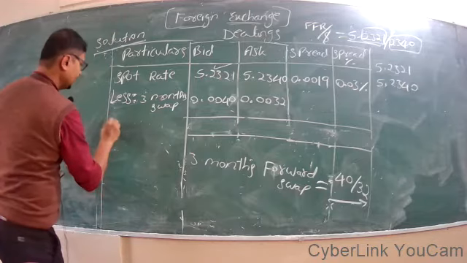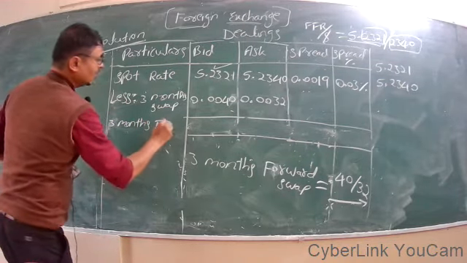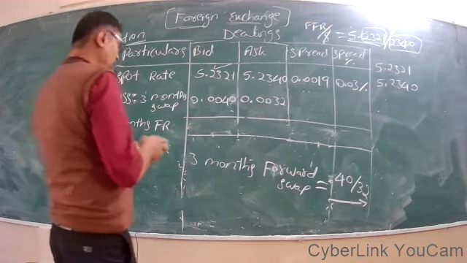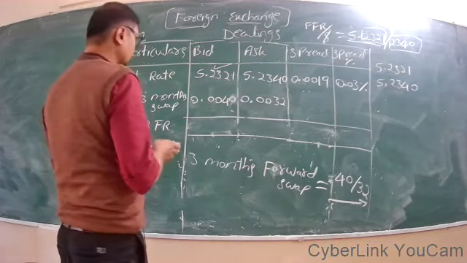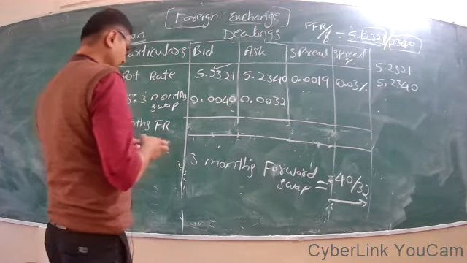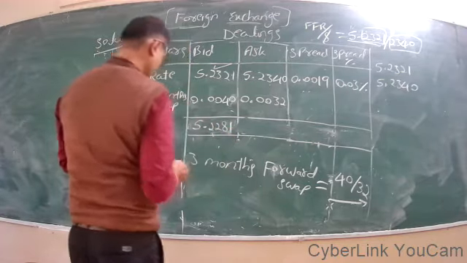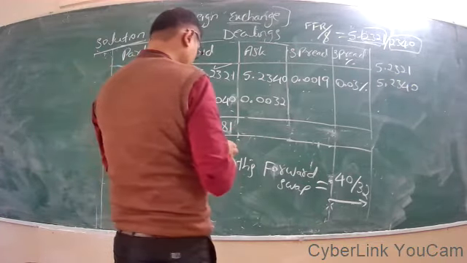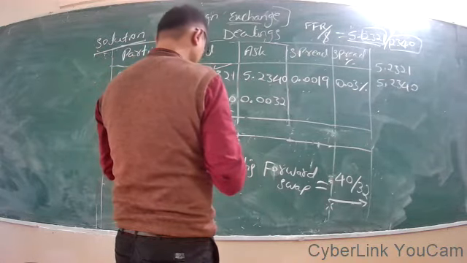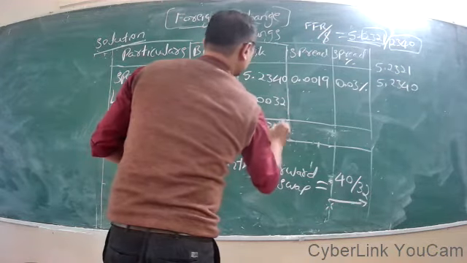The answer will be the 3 months outright rate or forward rate, right? So it is 5.2321 minus 0.0040, which comes to 5.2281, the bid price, and 5.2340 minus 0.0032 is 5.2308.